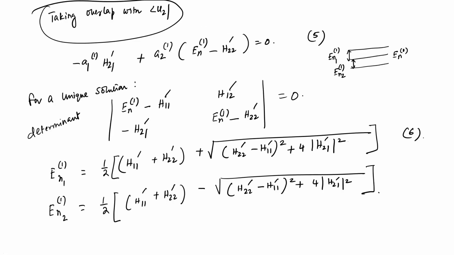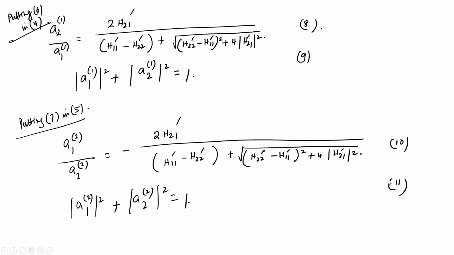So, equations 6 and 7 are the energy corrections, and equations 8, 9, 10, 11 are the corrections to the wave function, and put together they give you the entire solution to this two-fold degenerate problem.